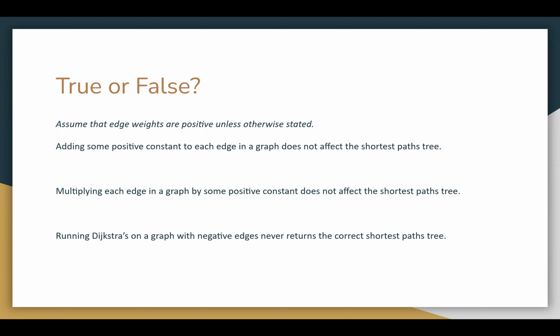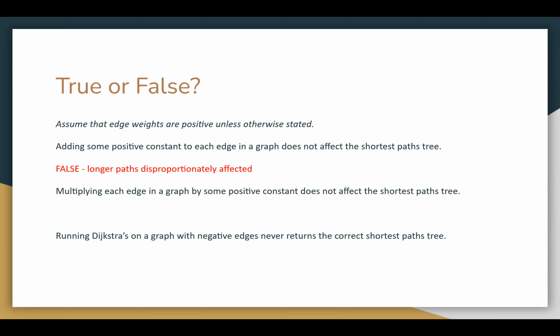All right, in the interest of time, let's start going over these questions. So first up, we have this statement: adding some positive constant to each edge in the graph does not affect the shortest paths tree. This statement is false. Now, why is it false? So let's say we have a graph with 3 vertices, and we have two different paths.